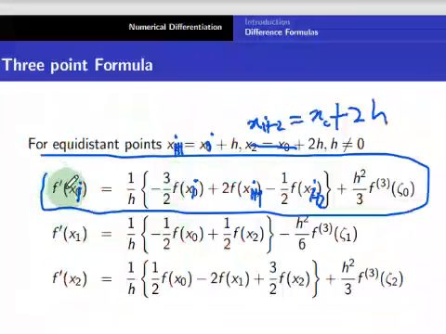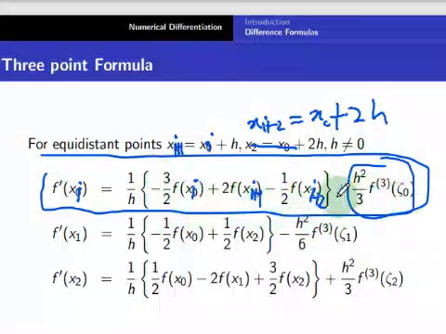F prime evaluated at xi is equal to 1 over h, open a bracket, minus 3 halves times f of xi, plus 2 times f of xi plus 1, minus 1 half multiplied by f of xi plus 2, close the bracket, and this is the error term.